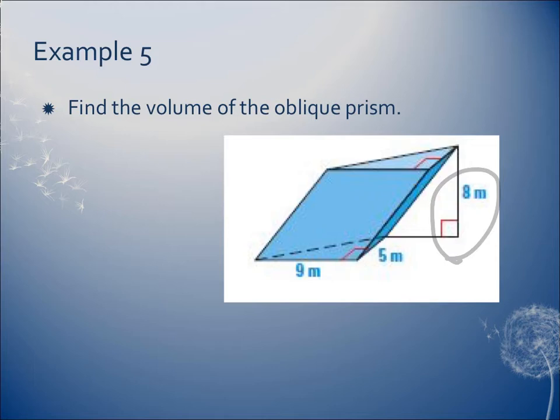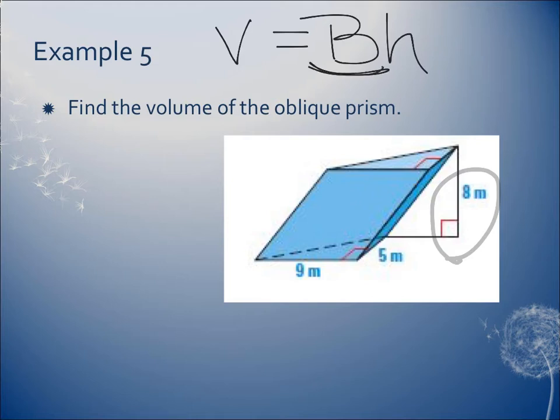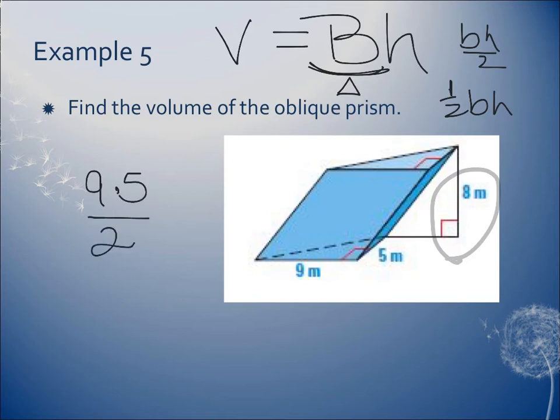So remember again, the formula for volume of a prism is capital B times the height. Again, capital B is the area of the base. And in this particular question, my base is a triangle. And the formula for area of a triangle is 1/2 BH, or BH divided by 2. So for here, my base is going to be 9 times 5, and I like to divide by 2.